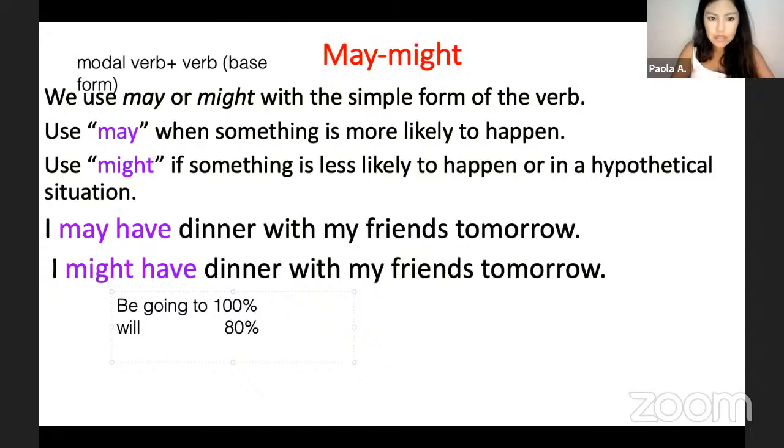When we say may, it's a little bit more sure, but less than will, right? Maybe 70%. And when we say might, it's like 50%.